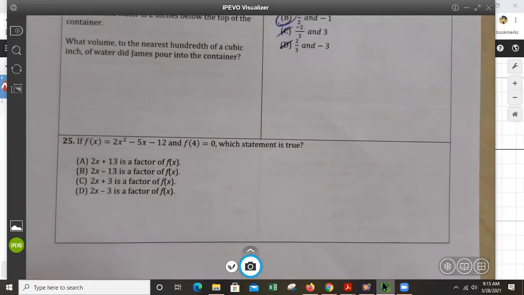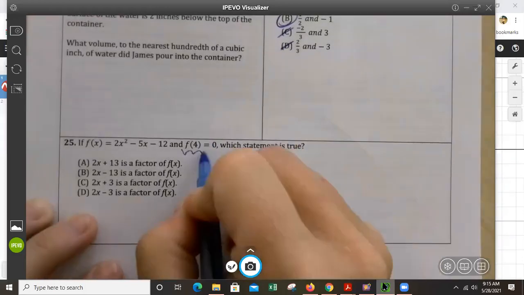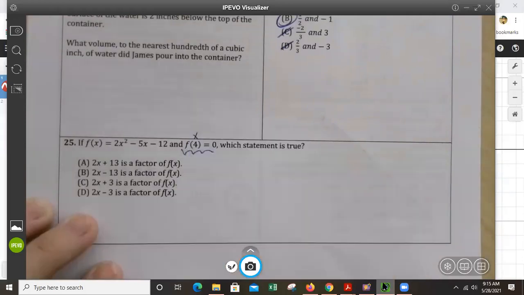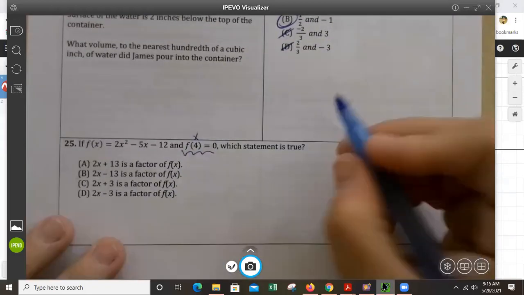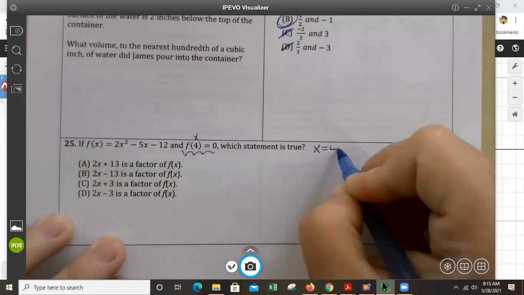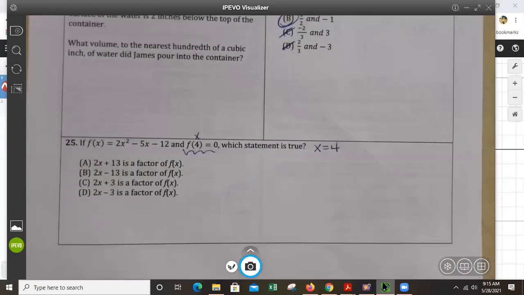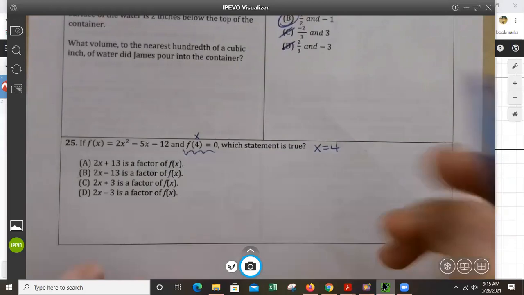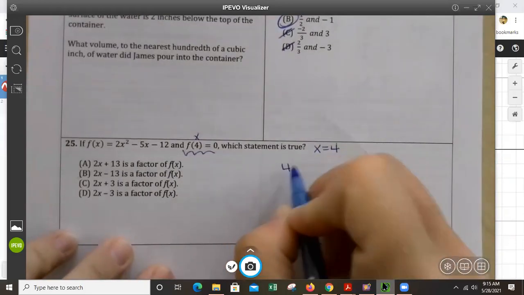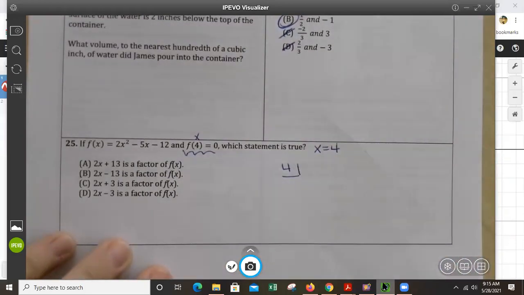So here's what they're saying. This right here is that x is 4. The reason they give you that, and you can do this without knowing that, you could just factor this completely, just factor it in general. But the reason they're giving you this is so that you can do your synthetic division.